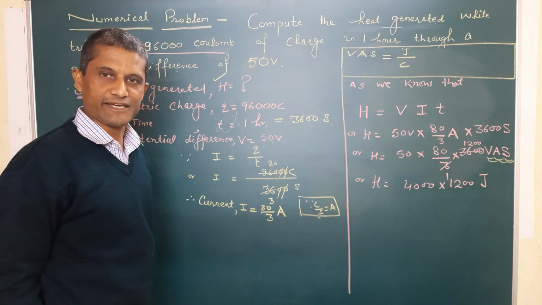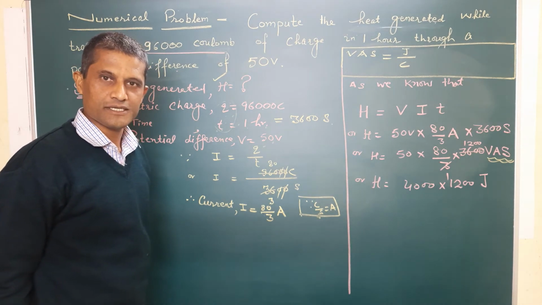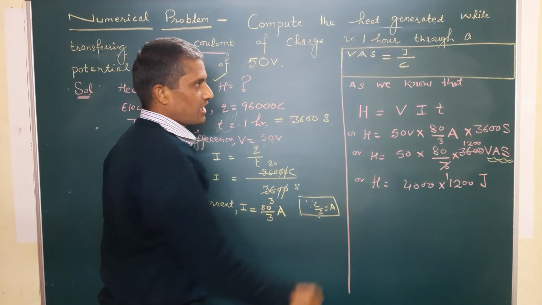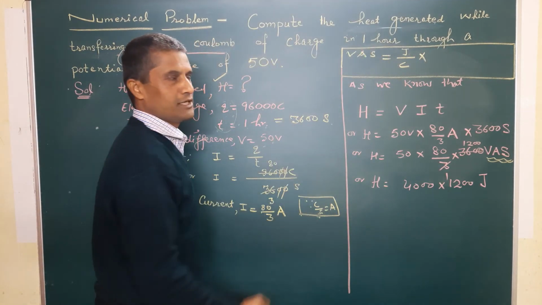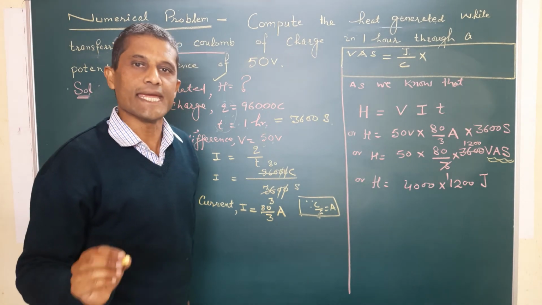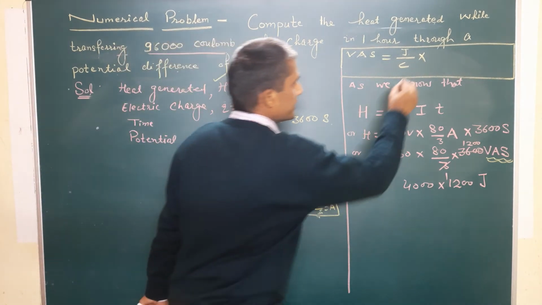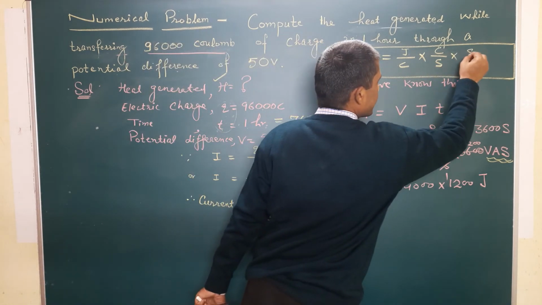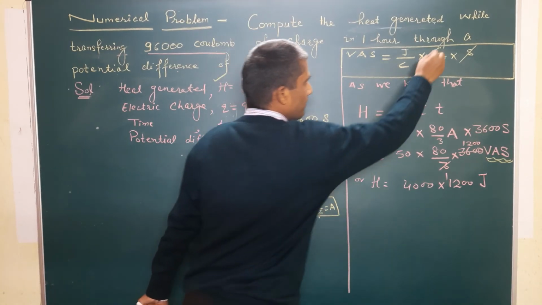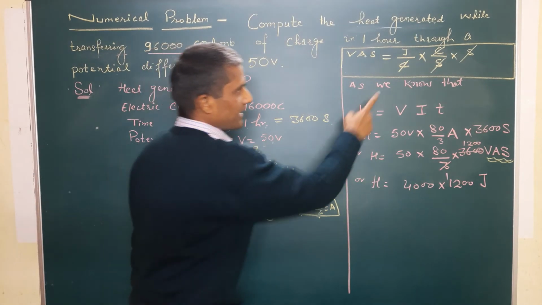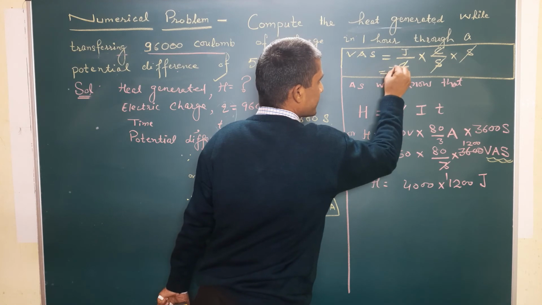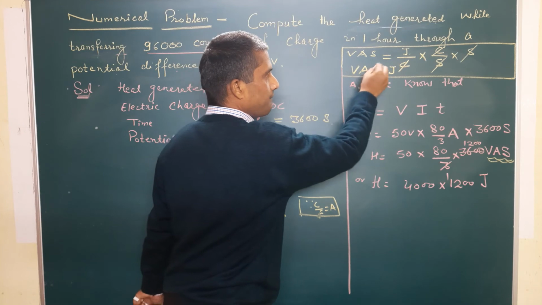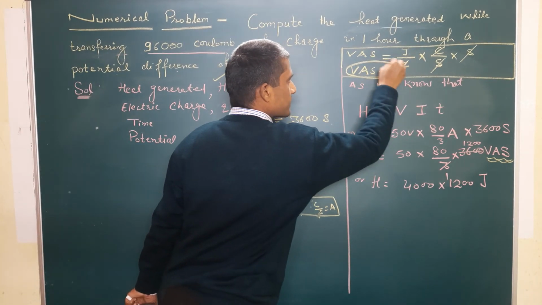That's what we have learned in the definition of potential difference: work done upon quantity of charge, and work unit is joule and the charge is coulomb, multiplied by ampere. Unit of ampere is coulomb upon second, multiplied by second. Second goes away, coulomb gone, and we are left with only joule. So that shows VAS, the product of volt, ampere and second, is always equal to joule, and that's why I have written here joule.